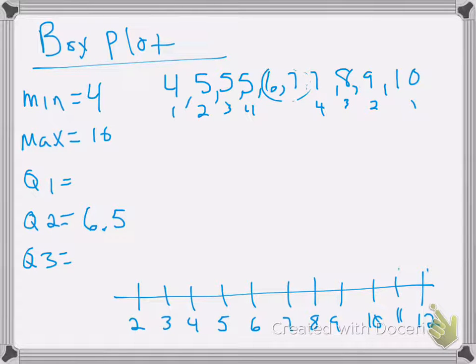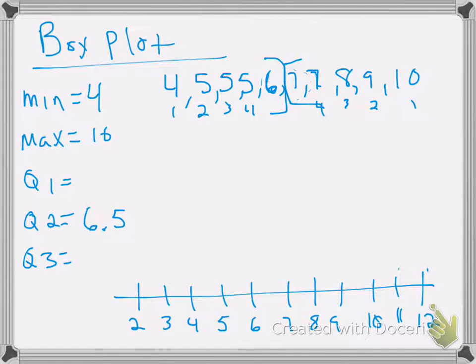So since I don't see 6.5 in my numbers, I have to include the 6 and the 7 in my upper and lower. Okay? Because 6.5 isn't 6 and 6.5 isn't 7. And if you have a median in your numbers, then you do not include your median when you find your upper and lower.